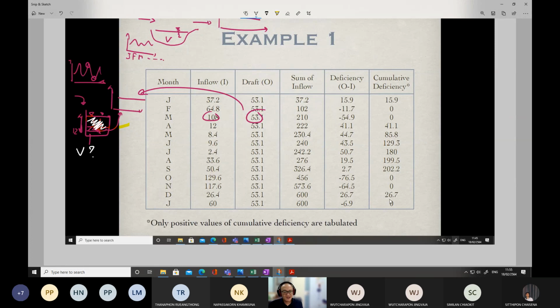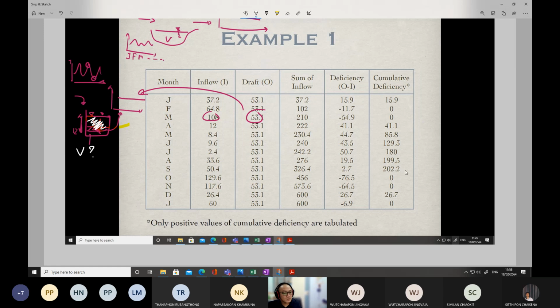And the last one is the 26.7 cumulative deficiency, though there is only 1 month in this case, similar to January. So we have 3 cumulative deficiencies, but we only consider the maximum. This one is not maximum. This one is also not maximum. The maximum one is 202.